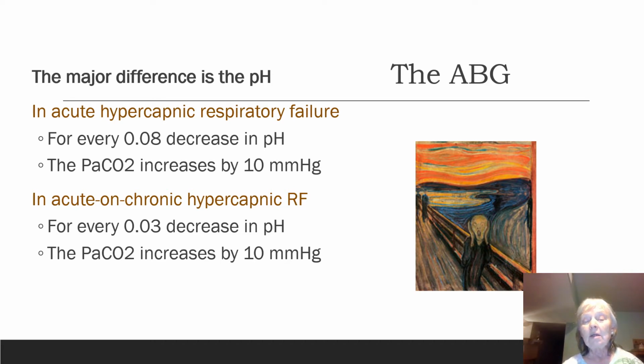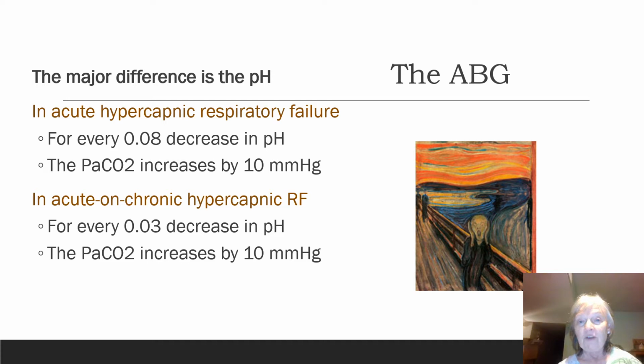A quick and easy way of doing this is to look at a pH of 7.0. If you do 7.40 minus 7.0, there's a 0.40 difference. If you divide the 40 by 8, there's a 50 difference. 50 plus 40 is 90. So if your pH is 7.00, your PaCO2 is 90 millimeters of mercury. That is an acute hypercapnic respiratory failure gas.